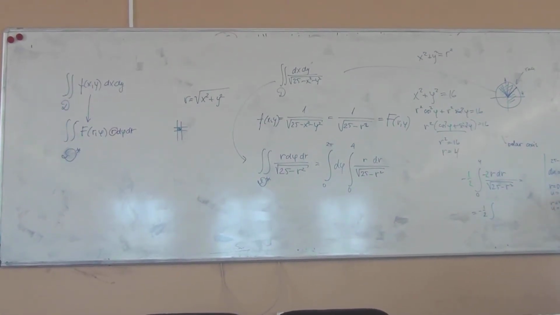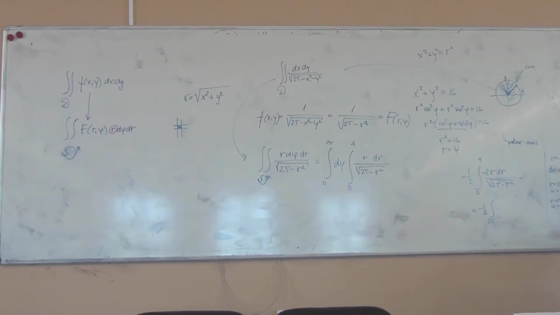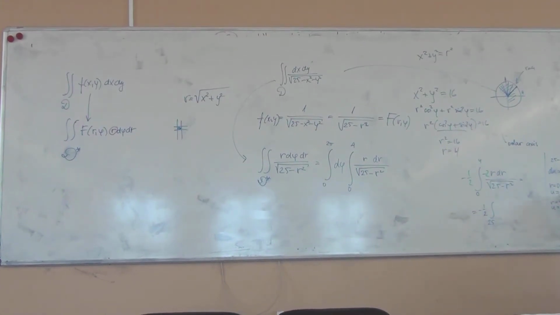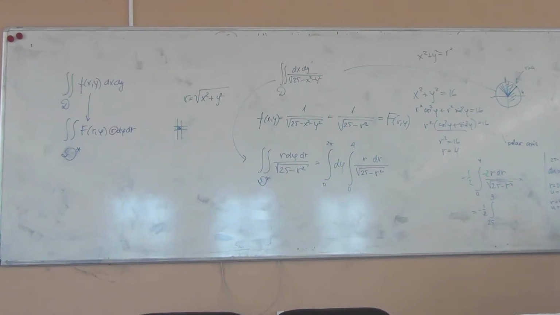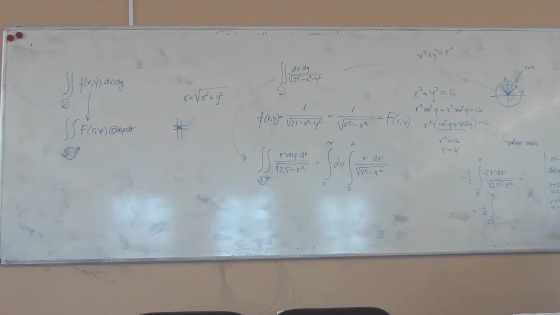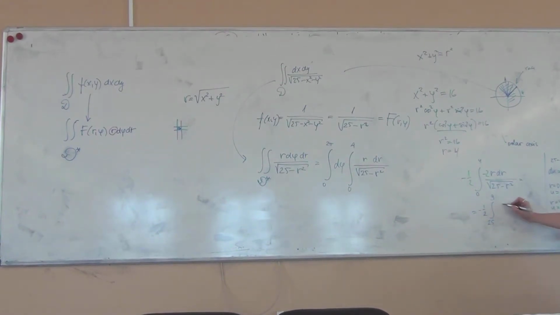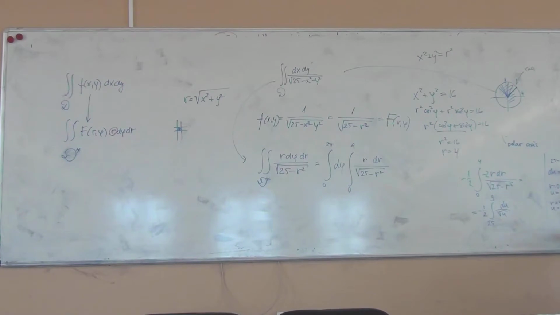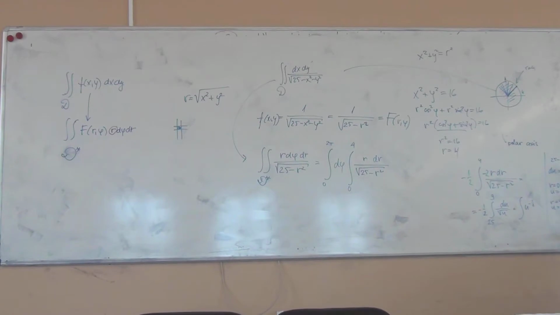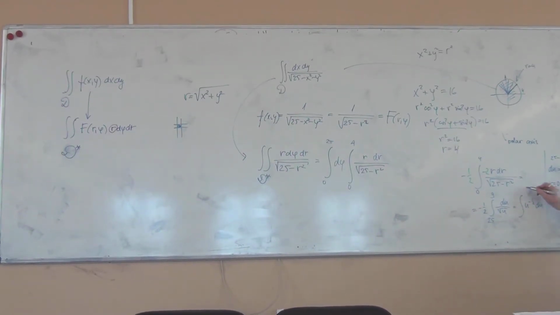The lower boundary will be 25 and the upper boundary for u will be 9. I will not return back to r. No need. So I have du divided by square root of u, which is u to the power minus 1/2 du.